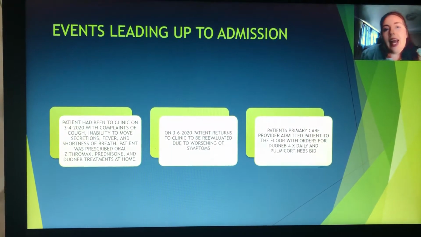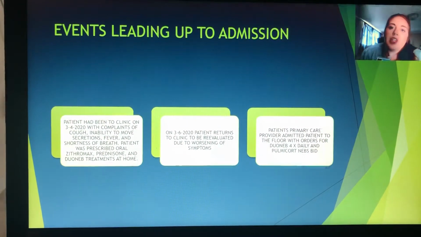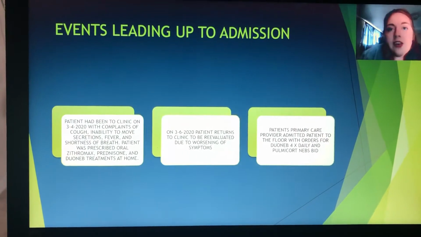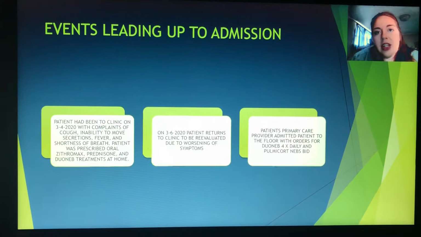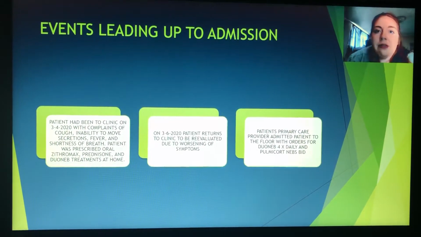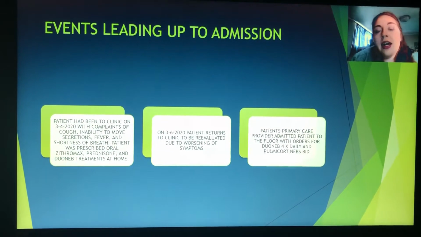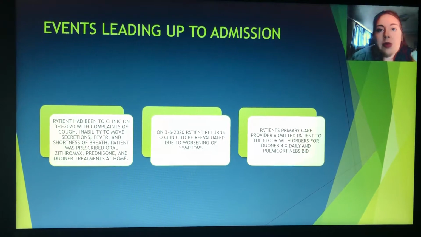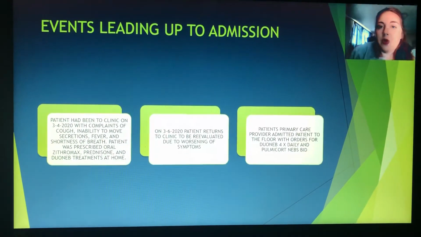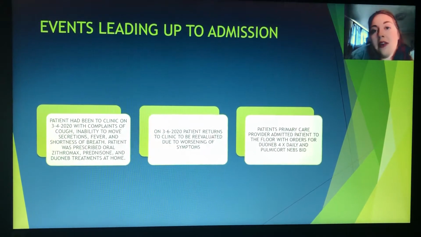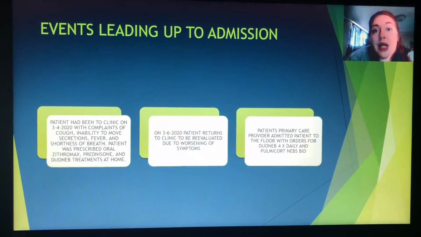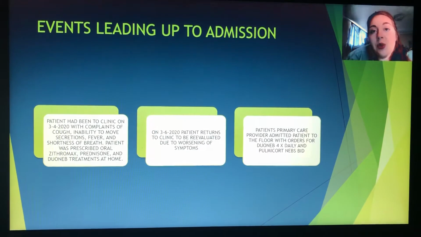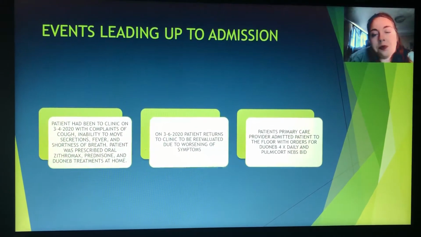Looking at the events that led this patient to admission, on the 4th of March, the patient presented to the clinic to see their primary care physician with shortness of breath, fever, cough, and the inability to move the secretions. The physician saw the patient and ordered antibiotics, prednisone, and duo-neb treatments to do at home.